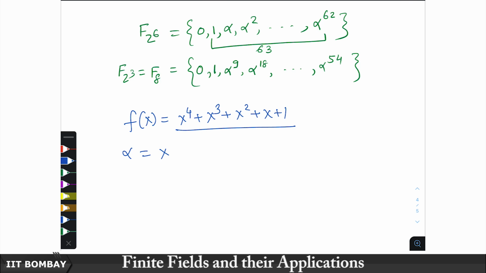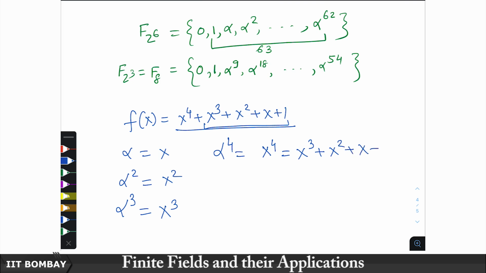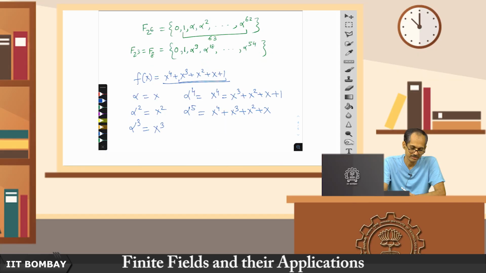So, alpha square is x square, alpha cube is x cube, alpha 4 is x 4, which modulo this polynomial becomes x cube plus x square plus x plus 1. Then alpha power 5 is x power 4 plus x cube plus x square plus x, but when you divide by this, the remainder is 1.